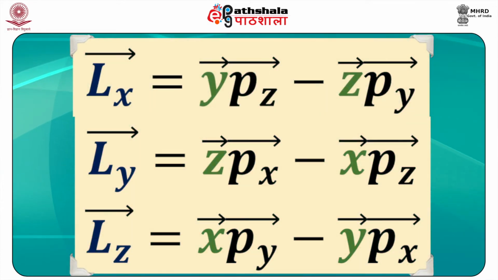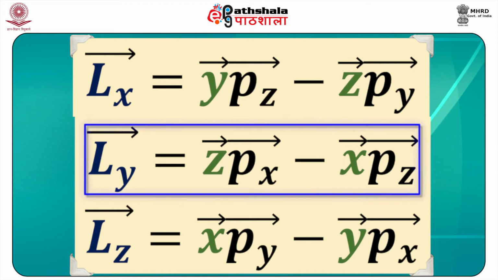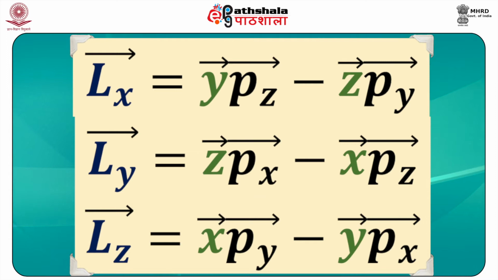So in terms of operators, Lx, that is the angular momentum operator in x direction, is expressed as y into pz minus z into py, Ly as z into px minus x into pz. And similarly, Lz operator is expressed as x into py minus y into px, where x, y and z operators are the components of position operator R and Px, Py, Pz are the components of linear momentum operator P.